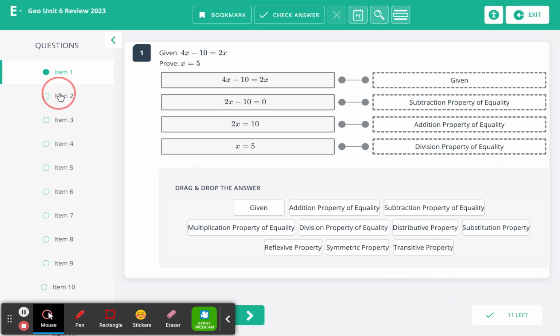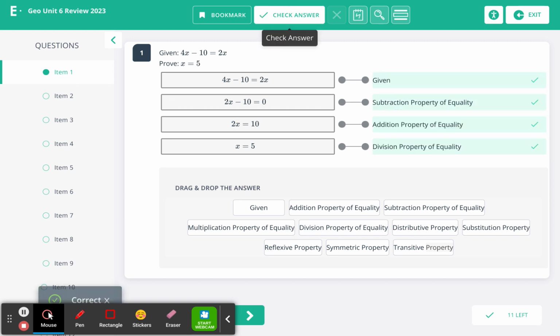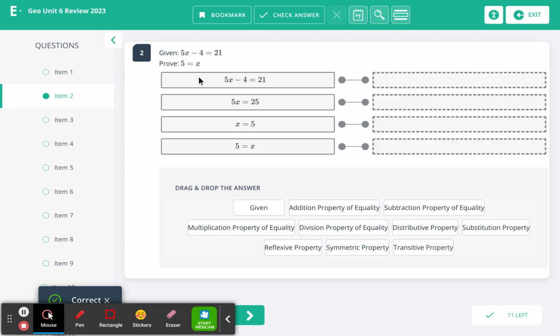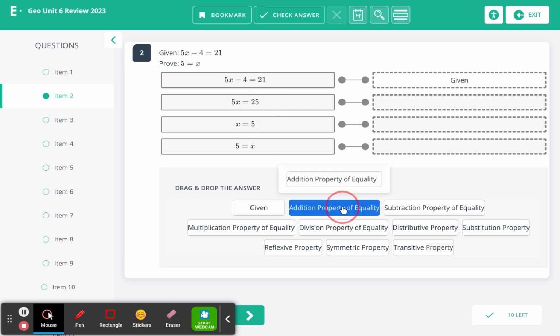All right, if we go to number 2, well, let me check it just to make sure. We go to number 2, another algebraic proof. We have a given statement to start. Looks like we added 4 from the first step to the second step, added 4 to both sides. That's the addition property of equality.